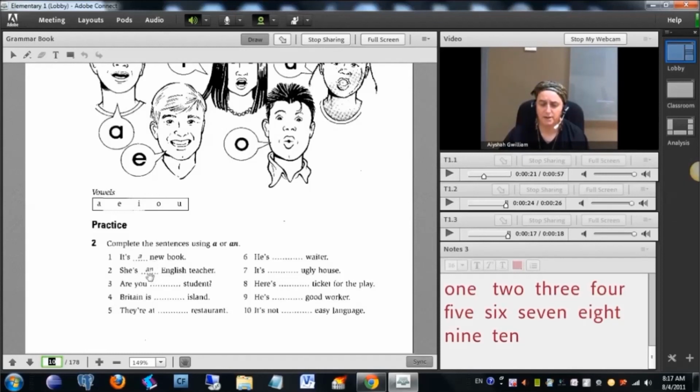Okay, let's look at number 3. Are you a student? Is S a consonant or a vowel? That's right, it's a consonant. So here we write a, because are you a student? Because student is a singular noun, and the first letter is a consonant.